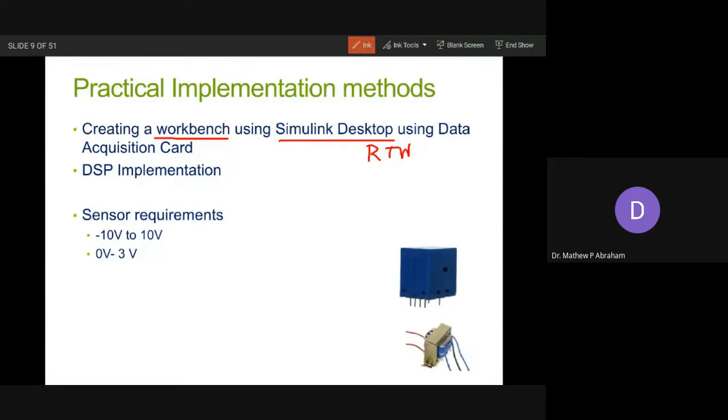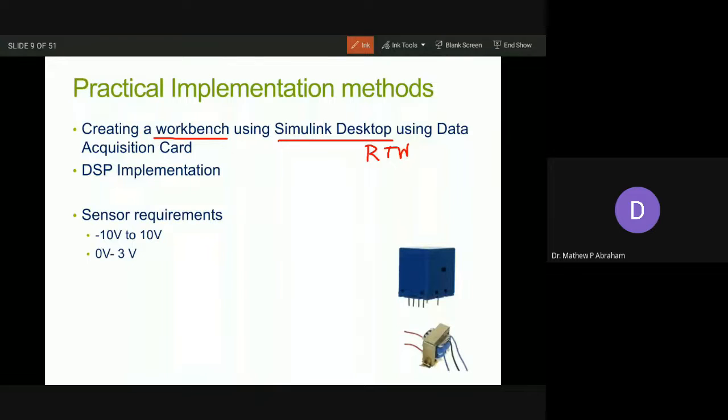In the experimentation process, where we try different types of circuits and different types of controllers, in all those cases, we need not code it into a processor and test it. We can easily tune those parameters using the Simulink desktop environment.